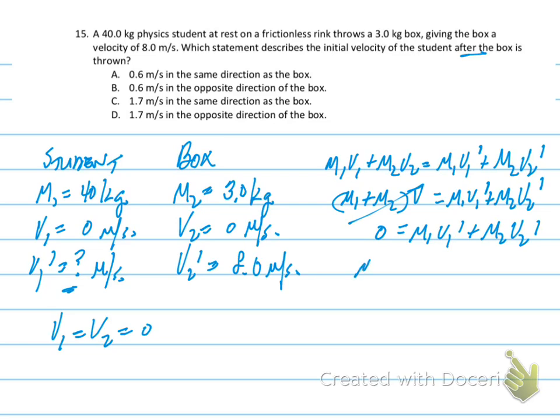So we could solve for m1 v1 prime equals negative m2 v2 prime and divide by mass.